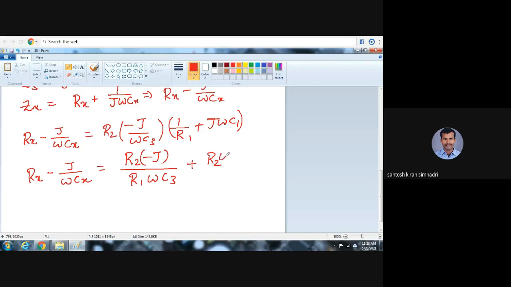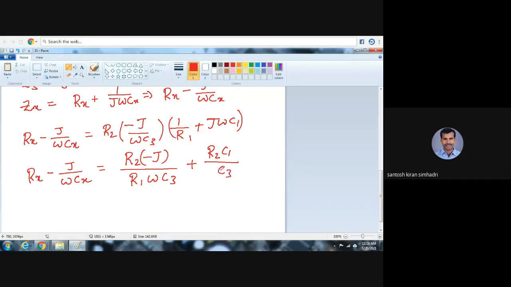R2 into this is R2. Then I will write omega, then C1, then by omega into C3. If you extend a little bit, omega gets cancelled. So I will write the final expression, due to space. What is the final expression? R2 into C1 by C3.